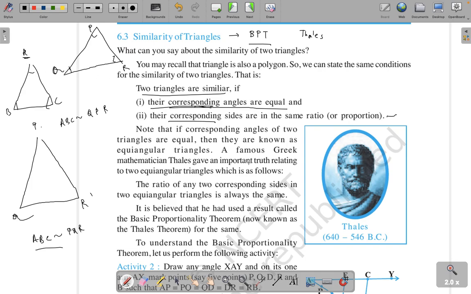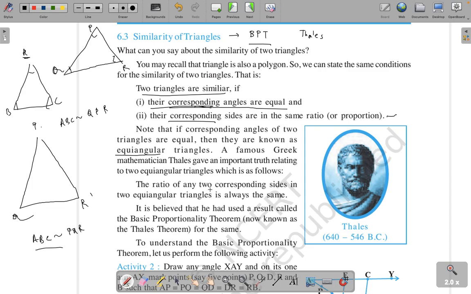Note that if corresponding angles of two triangles are equal, then they are known as equiangular triangles. A famous Greek mathematician Thales gave an important truth relating to two equiangular triangles, which is as follows.